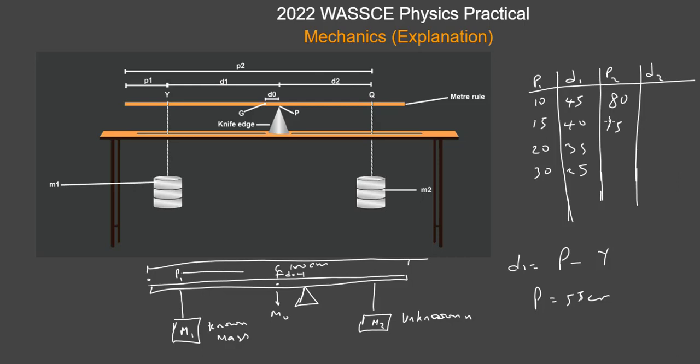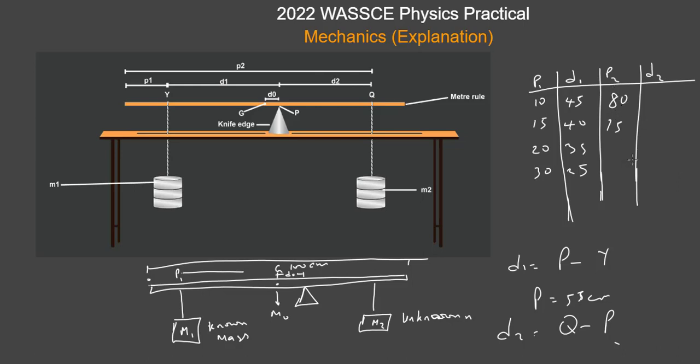So what about D2? D2 is the distance between where you balance the second mass, the unknown mass, and the pivot point. How do you get that? Just take this position Q and subtract P from it. So D2 is whatever value you have at position Q, minus your value at P. Notice that P is 55, so just subtract 55 from whatever you have for P2.